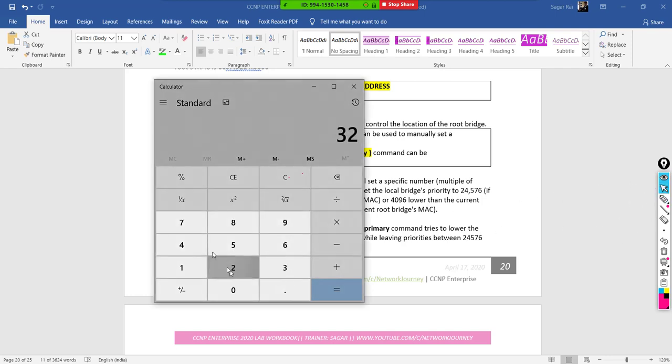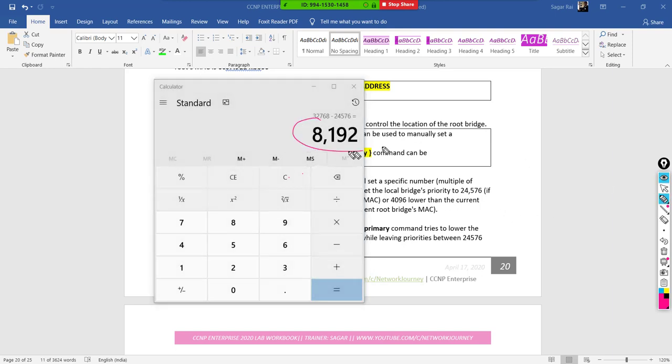I have 32768 minus 24576, so it was decreased by this value, which is a multiple of 4096. This is the default behavior of the primary keyword. When you make use of primary, it is going to decrease by 8192 from the original value, that is 32768.